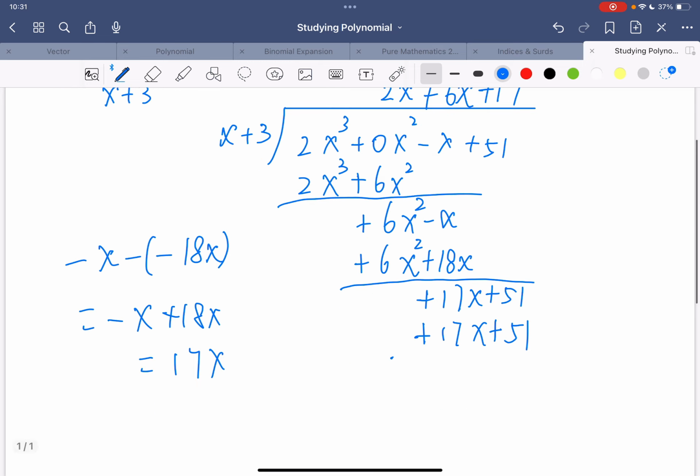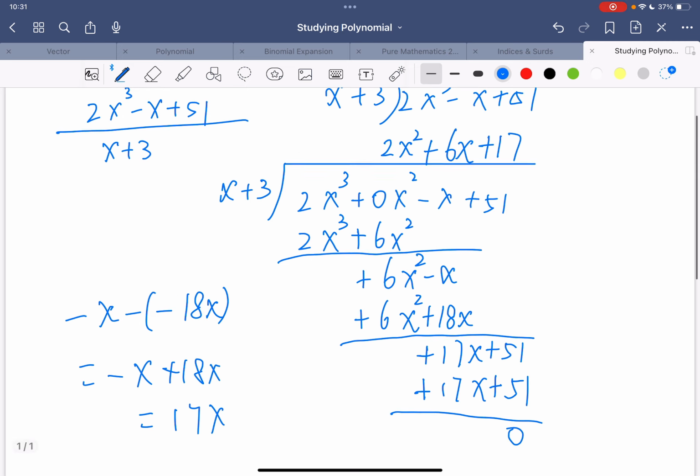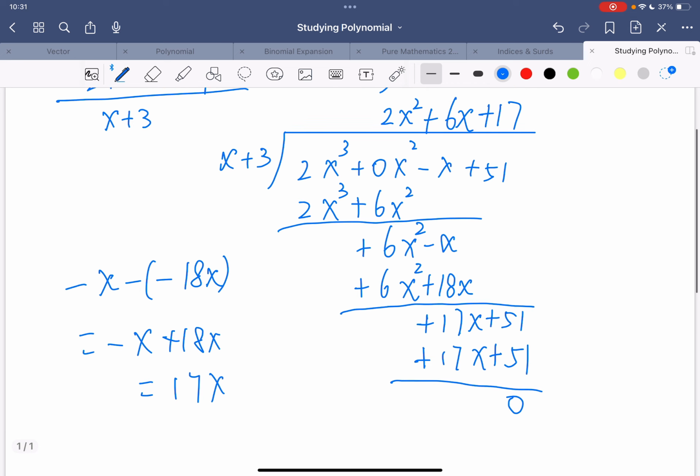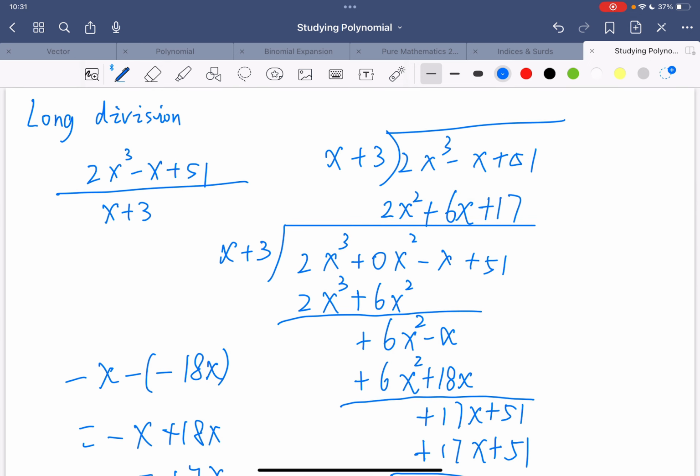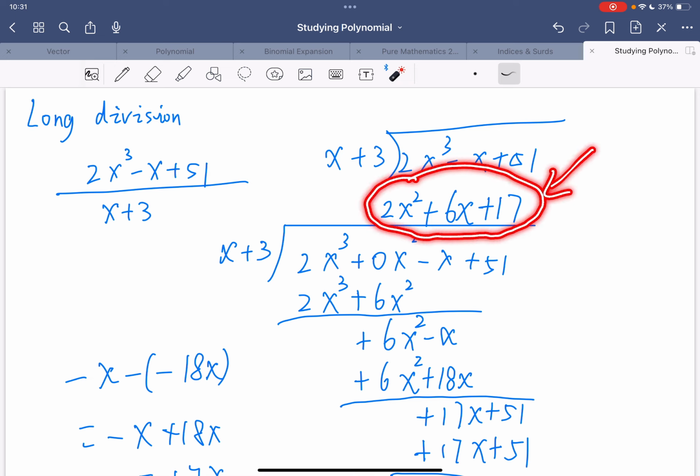Then the answer should be 0, no remainder. So the answer is very obvious. You can see the quotient is this expression, the quadratic expression.